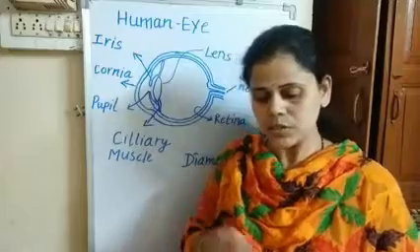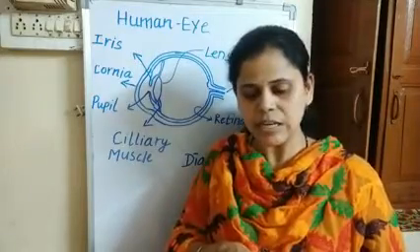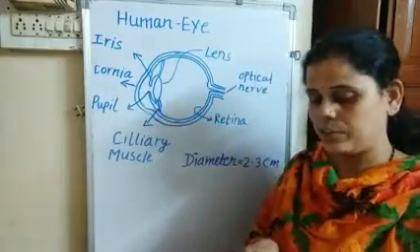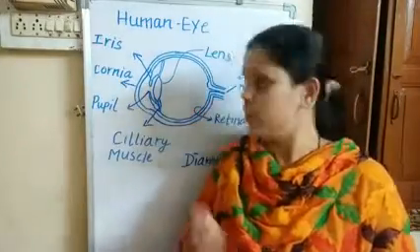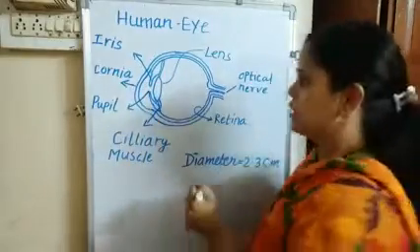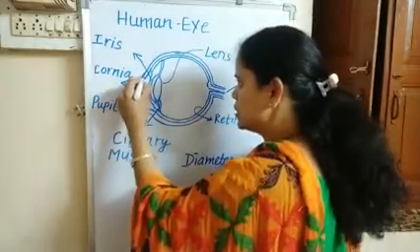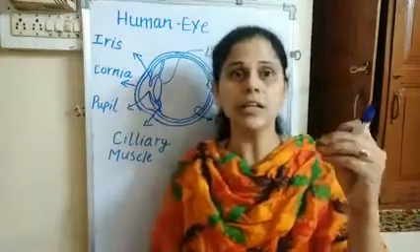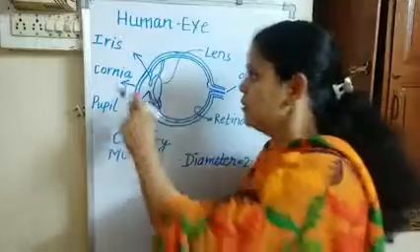The first line is: there is a very thin transparent cover, or in bracket membrane, on a human eye. This transparent thin cover is called the cornea. This is the outermost very thin surface.